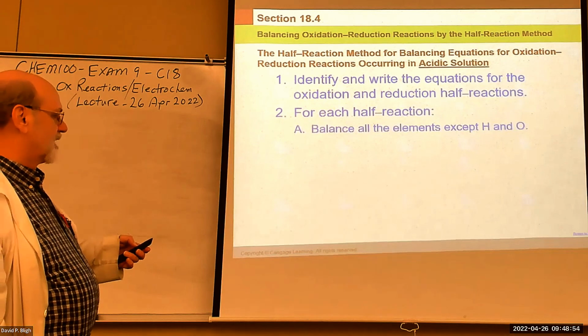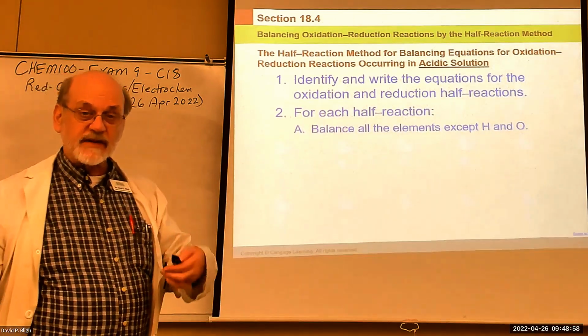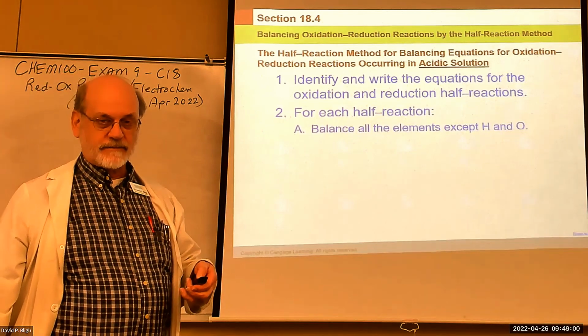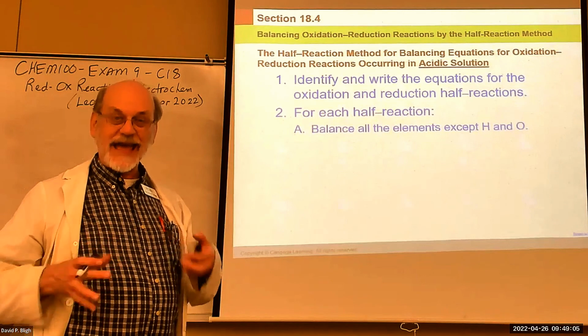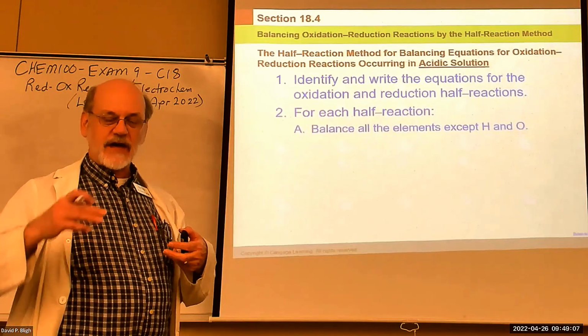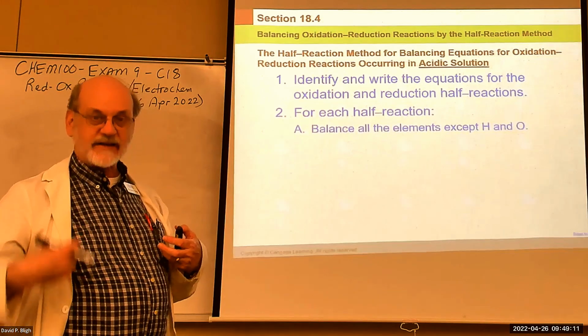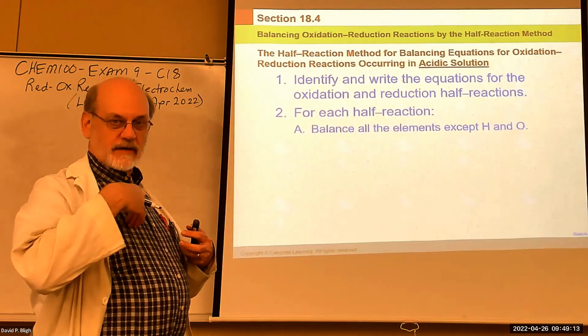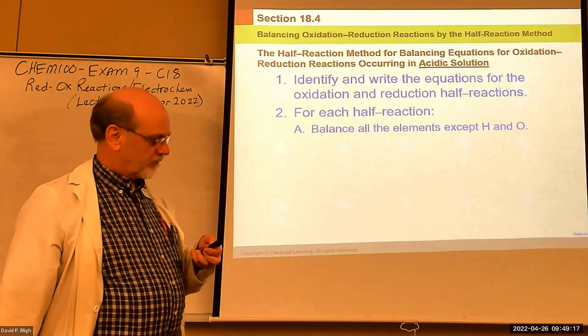Then, actually, I think these are out of order. I prefer to balance the electrons first. Make sure that you've got the electrons accounted for as either reduction on the reactant side, or in the oxidation step, they would be on the product side.